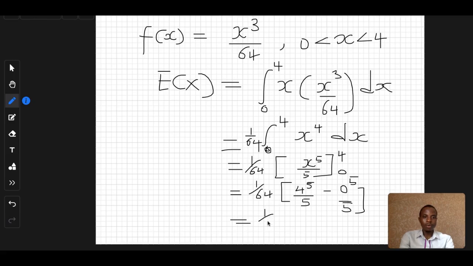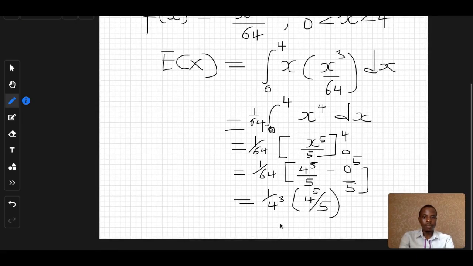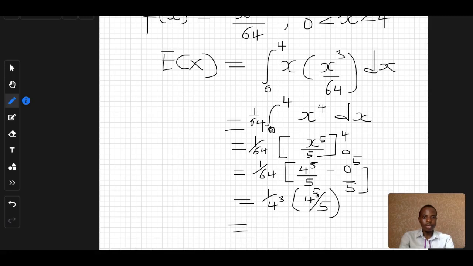And that's going to give us 1 over 64. Now 64 itself is the same thing as 4 raised to the power of 3, into 4 raised to the power of 5 divided by 5. Because of the advantage of the indices here, we can cancel these, and so we just have 4 squared left. If you prefer to expand everything and then do a reduction, you are fine. You just need to know what you're doing.